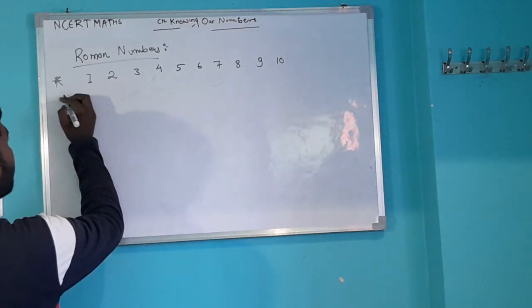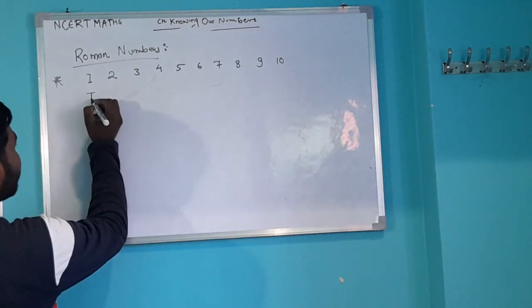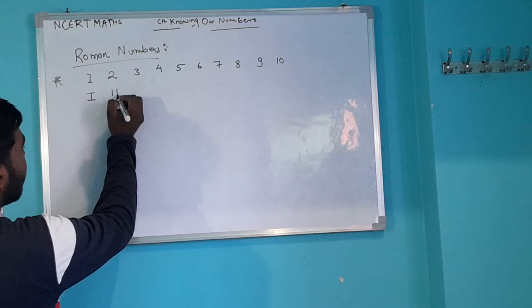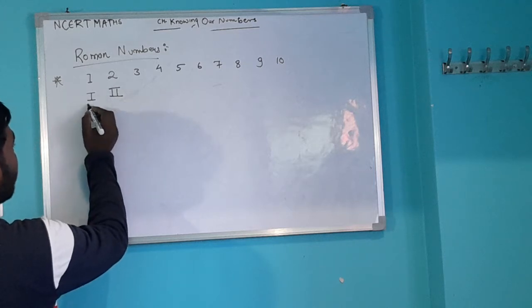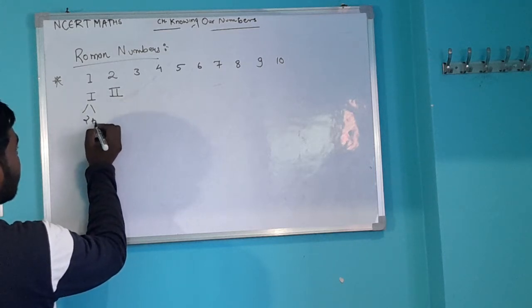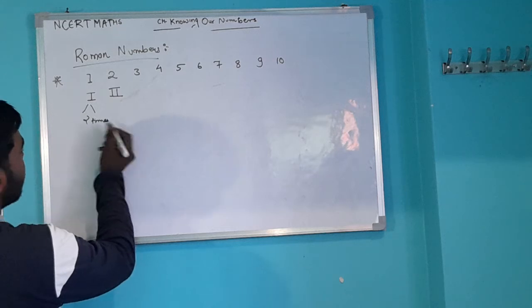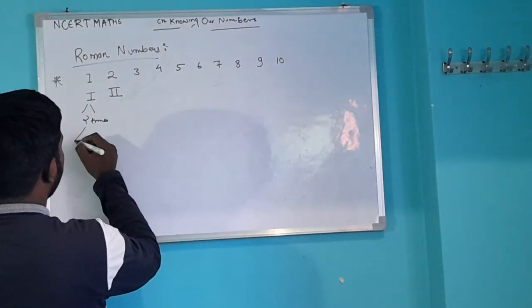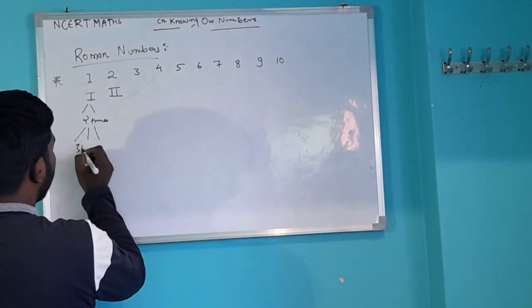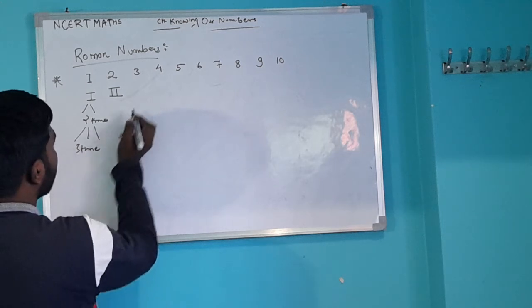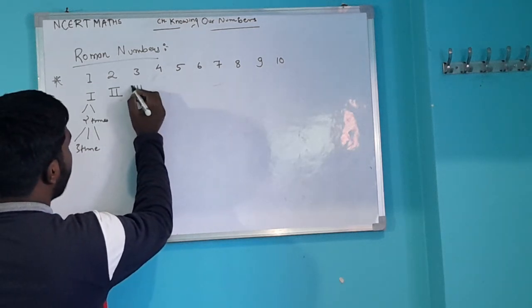In Roman form, we write 1 as this. When we add this 2 times, we get our second number. And for 3 times, we get 3.